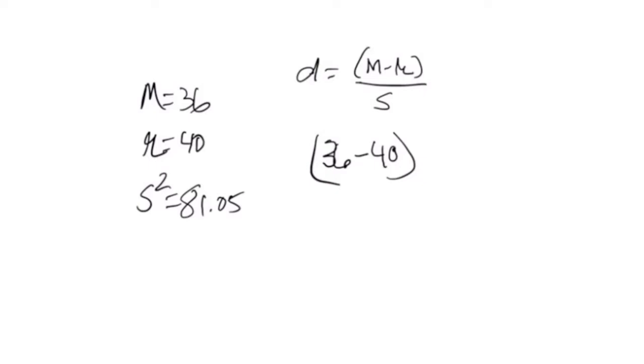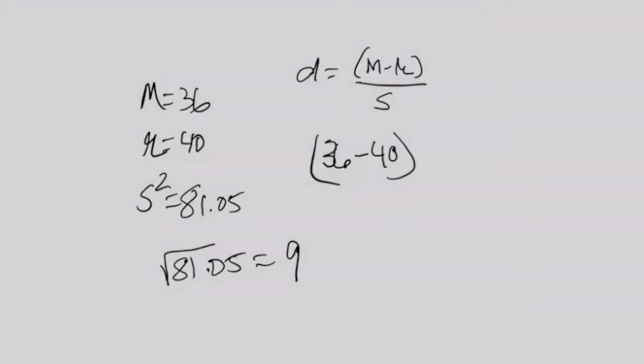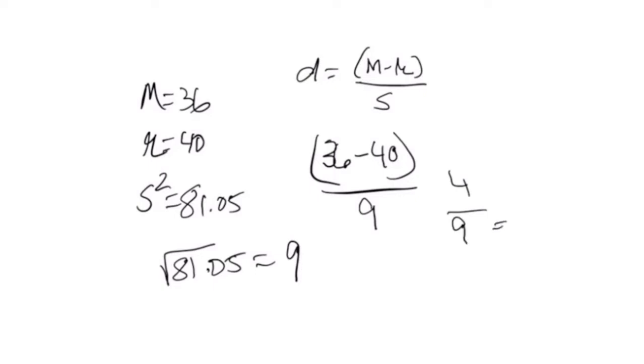We only have the variance, but in order to find the standard deviation, we just take the square root of the variance. So let's do that. The square root of 81.05 is basically 9. So we have 36 minus 40 divided by 9, negative 4 divided by 9, which gives us an effect size of 0.44.